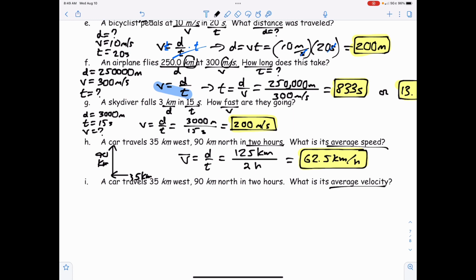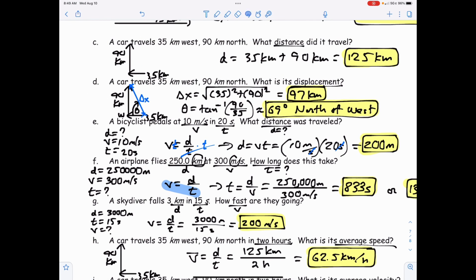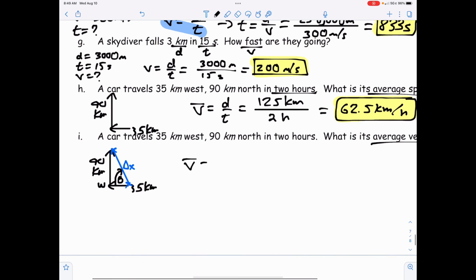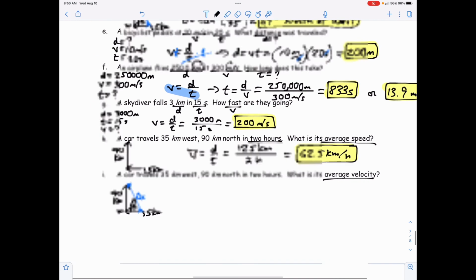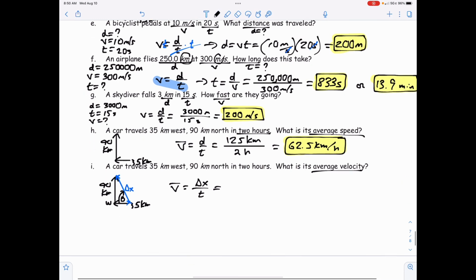And then in part I, we're looking for average velocity. Well, velocity goes with displacement. So I'm going to use our answer for part D. Copying and pasting our picture in there. Okay, average velocity would be displacement divided by time. Going back to part D, we can see our displacement was 97 kilometers.